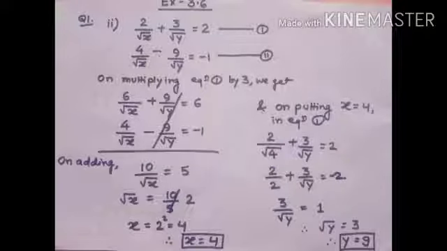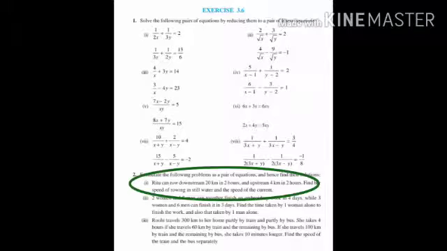On simplifying we can write 2/2 + 3/√y = 2, and in the next step 3/√y = 1, as 1 will be subtracted from 2. So finally we get √y = 3, and if √y = 3 then y must be 3 squared, so the value of y becomes 9. So the value of x is 4 and the value of y is 9.